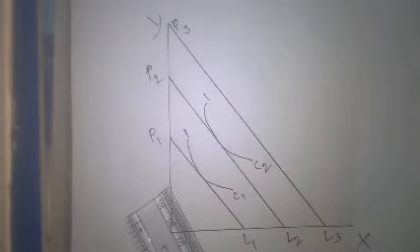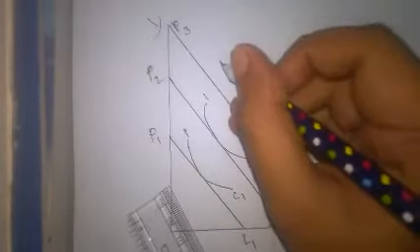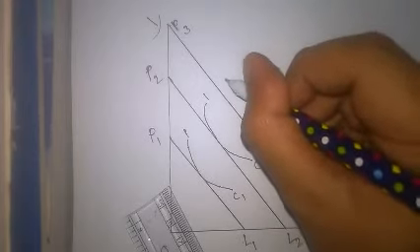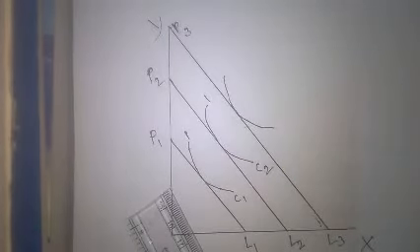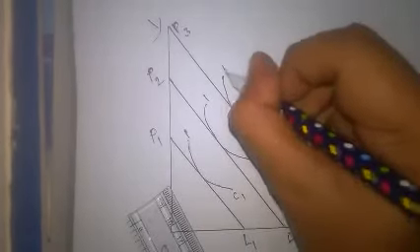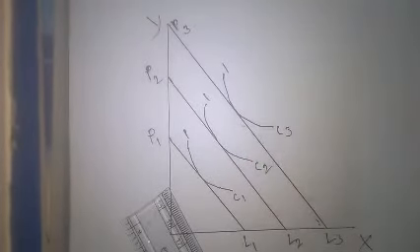And we all know when a budget line comes into existence, there is always a new indifference curve, right? So let's draw it. This is the third indifference curve we are drawing here. Okay, so this is IC3, indifference curve 3.